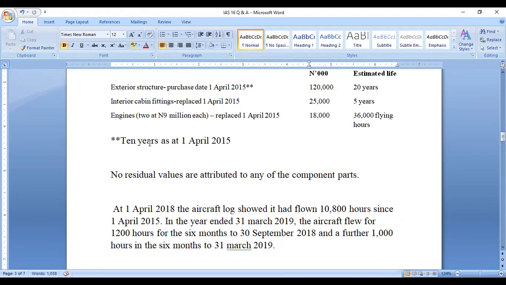Between 1st April 2015 and 1st April 2018, that's 3 years. So 10 years plus 3 years is 13 years.